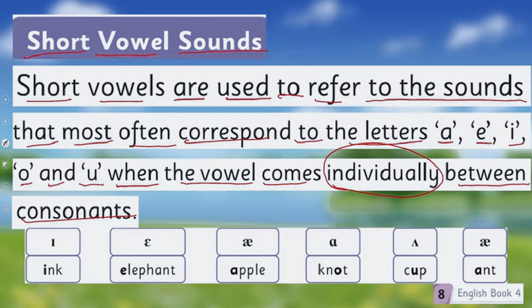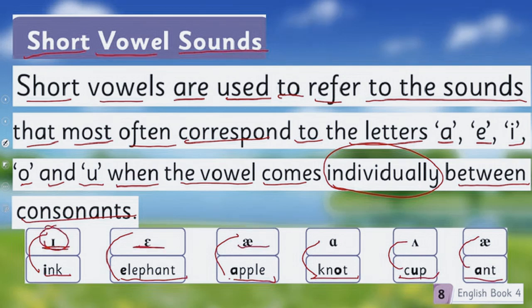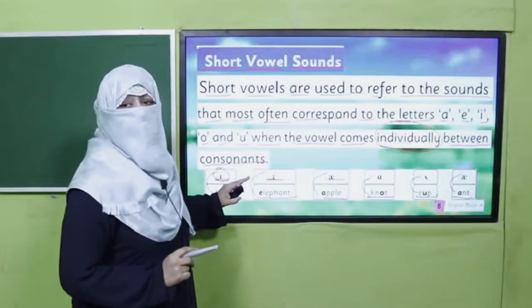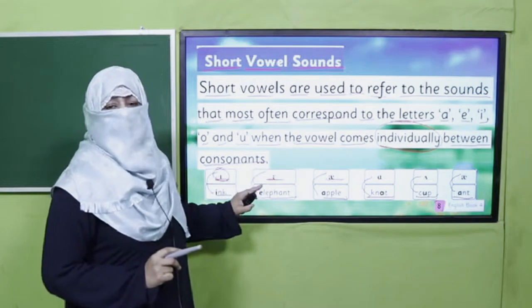Its examples are ink for I, elephant for E, apple for A, not for O, cup for U. All right, so these symbols you can find in the dictionary. That's why we have provided them over here, which will give you the clue whether this vowel has a short sound or a long sound, right?